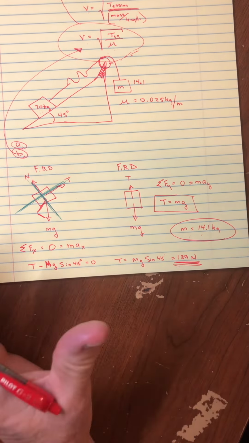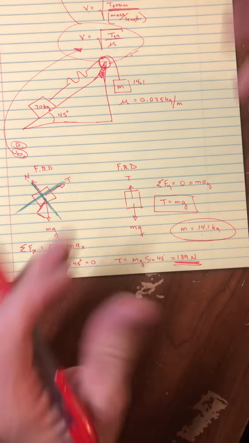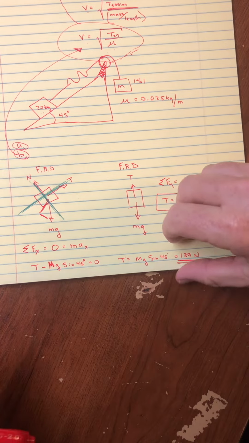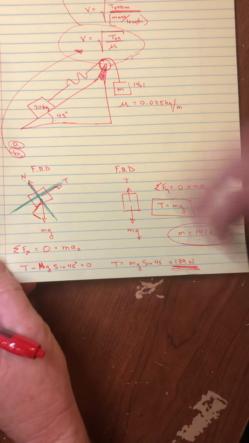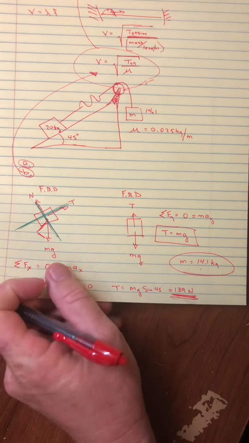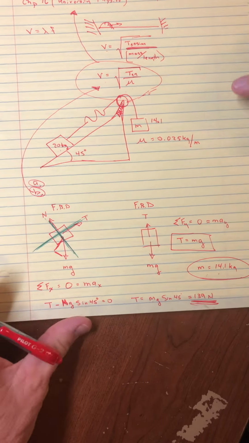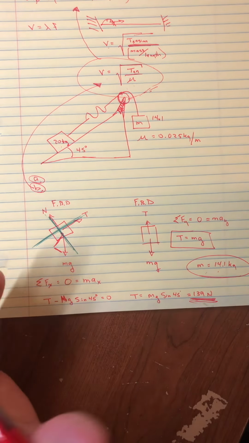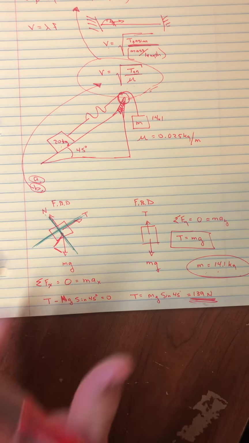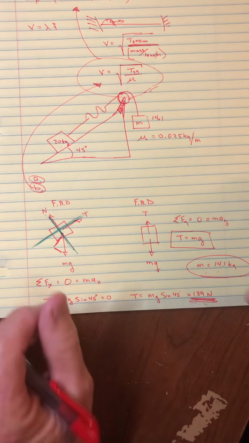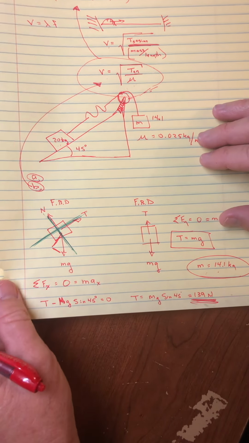And so I'll say it again, A really is kind of a throwback to past chapters. That's another reason why I was thinking, well, maybe it's not too important to do this one. This stuff, in theory, you should already know, but in practice, you maybe have gotten a little rusty on it. But it doesn't really help you for this chapter. And then B is the one that I really picked this problem for, thinking it would be a nice review with the tension.